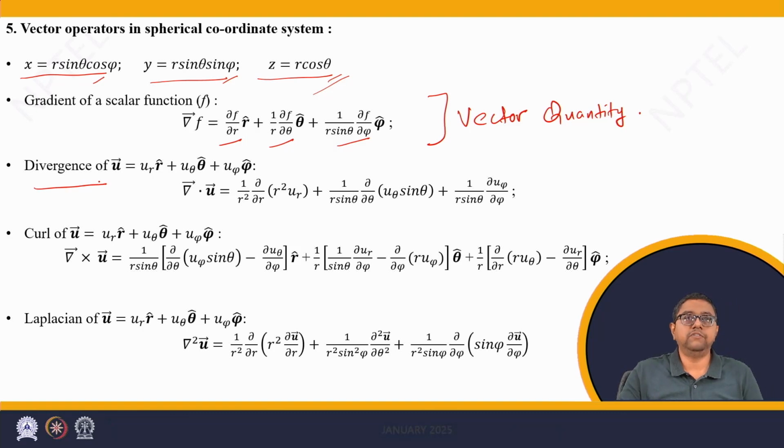Similarly, the divergence of any vector u along the three spherical coordinates is given as below. This results in a scalar quantity.